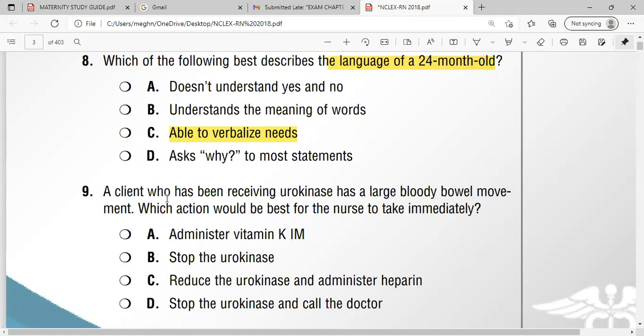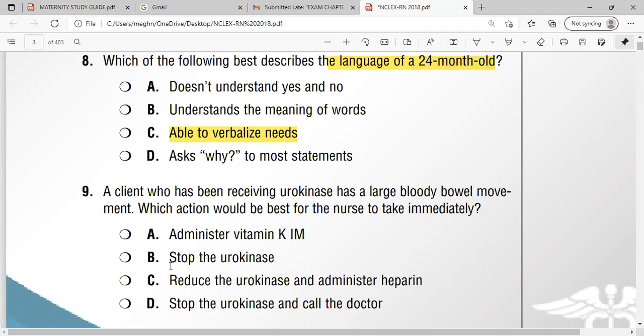Next question: a client who has been receiving urokinase has a large bowel movement. Which action would be best for the nurse to take immediately? Number A, administer vitamin K intramuscularly.